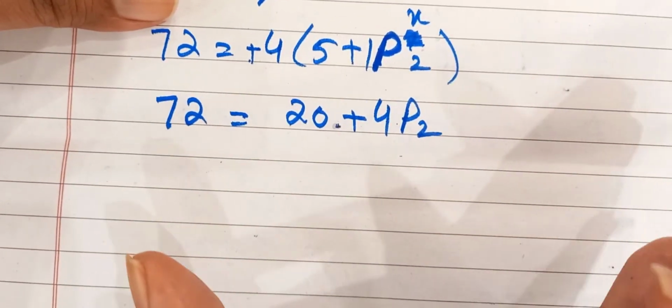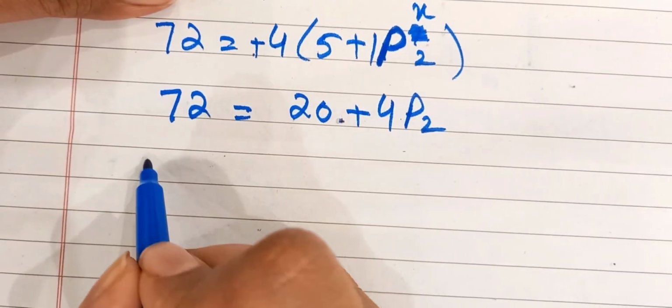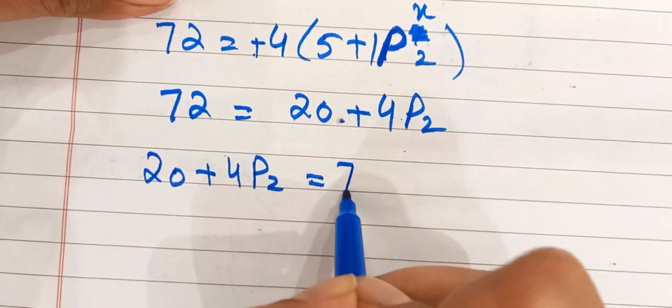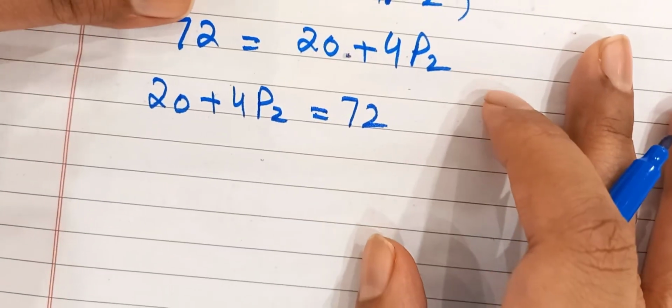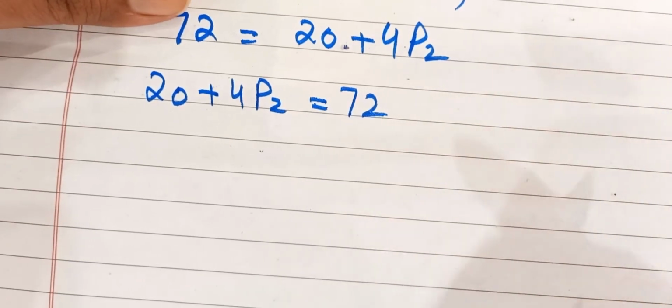Now it's advisable to bring the unknown to the LHS, so I am going to swap it. 20 plus 4 P2 is equal to 72. In swapping, the sign doesn't change. LHS becomes RHS and RHS becomes LHS.